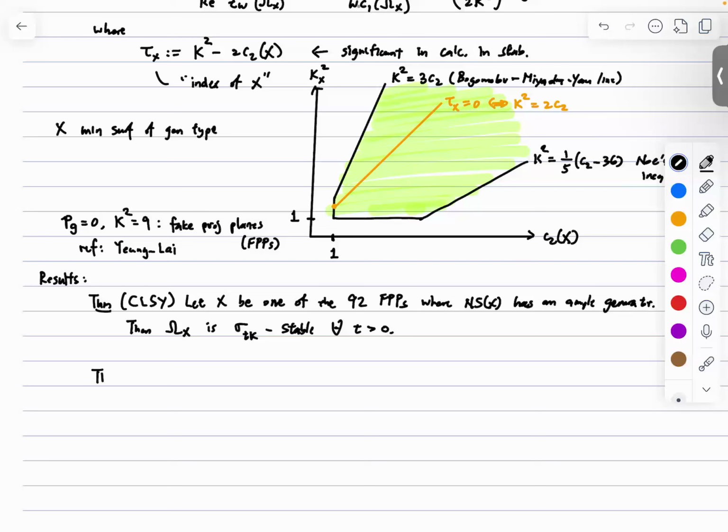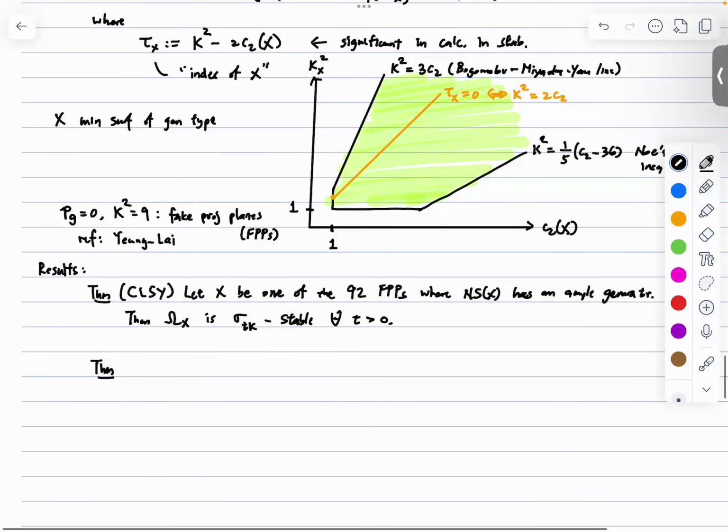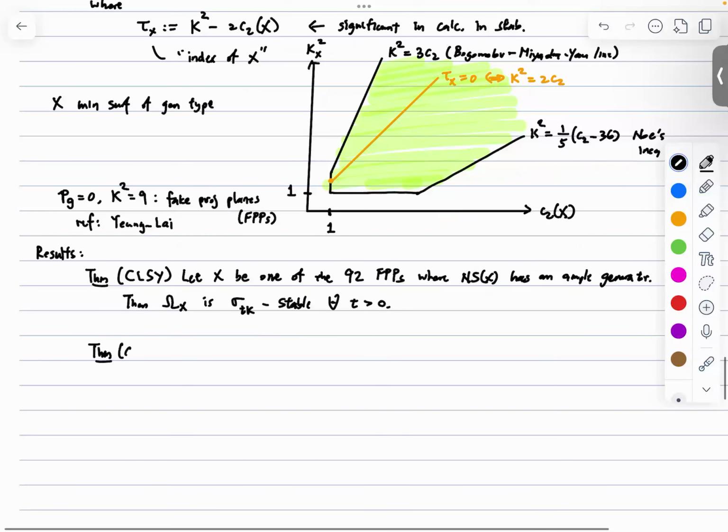Now, if you just take an arbitrary surface where the canonical class is ample, we can also show that, so here let X be any smooth projective surface where the canonical class is ample.